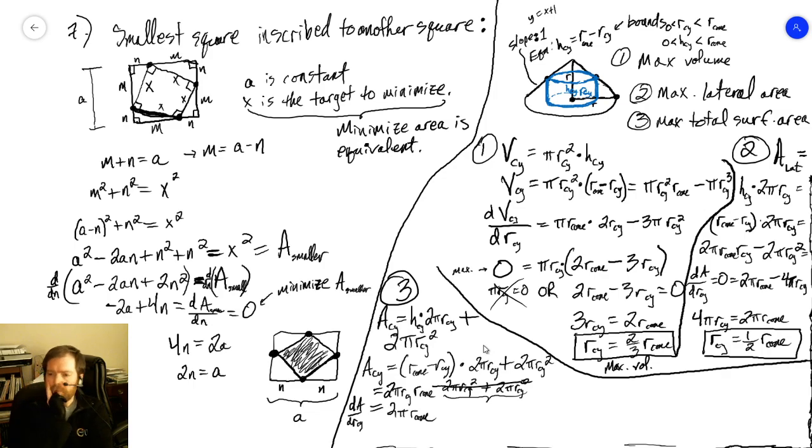Alright, so I screwed up something. What did I screw up? Alright, there has to be two terms here. That's not good. Because if this is 0, then that's going to mean that we got 0 for the radius of the cone. So clearly this is false.